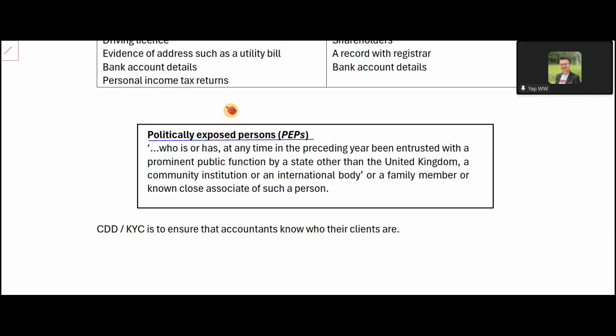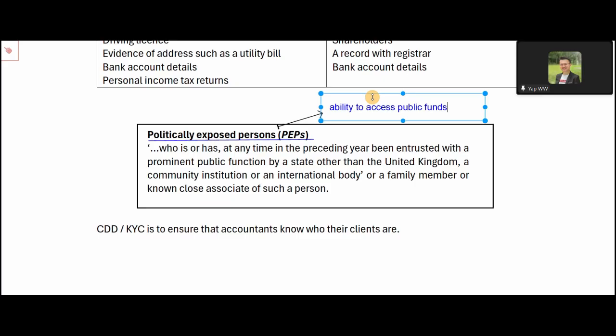So why do you want to look for politicians? Because politicians might have the ability to access public funds. So automatically it makes them a higher risk group of people who might be involved in money laundering.